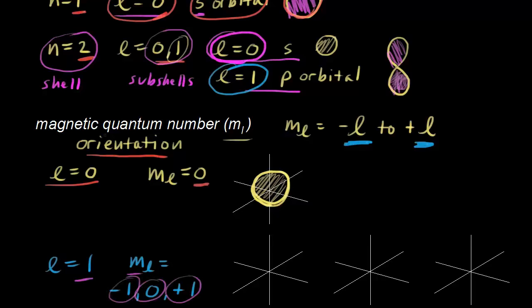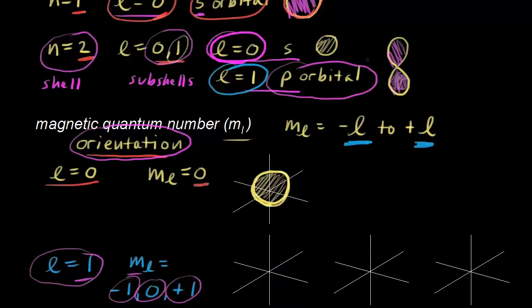The magnetic quantum number tells us the possible orientations of the orbital or orbitals around the nucleus. So we have three values for the magnetic quantum number. That means we get three different orientations. And we already said that when L is equal to 1, we're talking about a p orbital, and a p orbital is shaped like a dumbbell. So we have three possible orientations for a dumbbell shape, right?